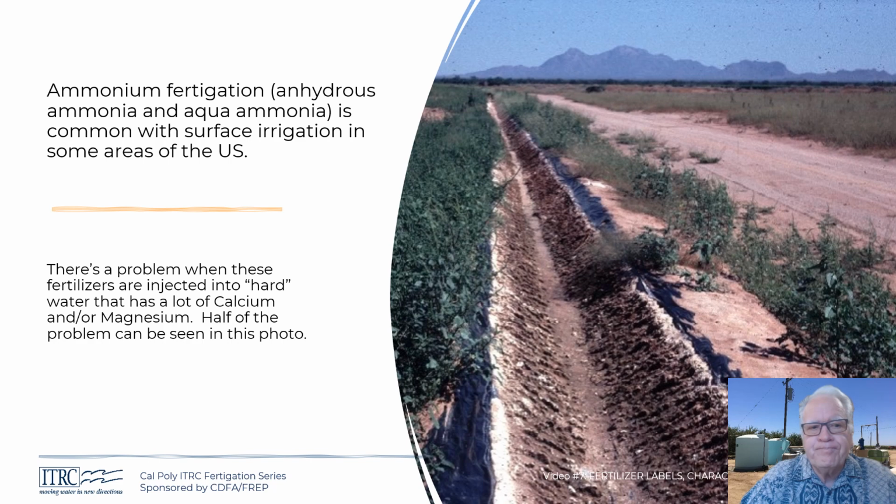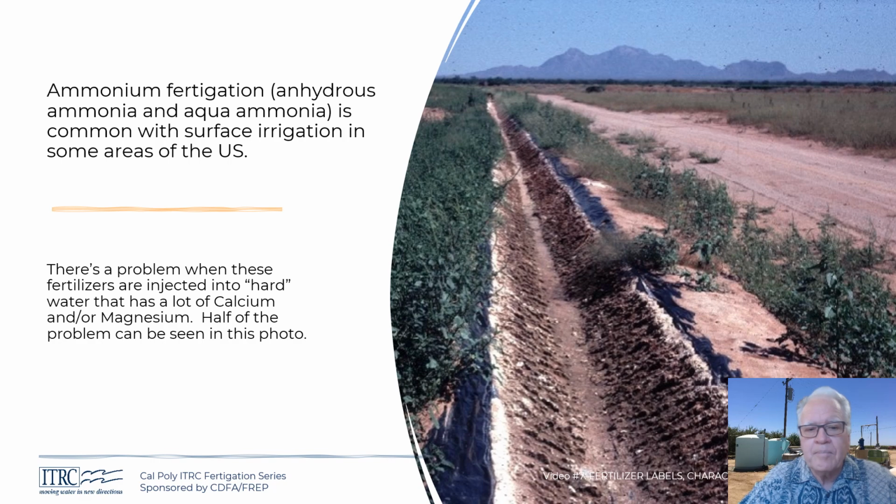And so what in the world are you looking at here? What it is, they have hard water. Hard water is water with a large amount of calcium and magnesium in it. That's just the kind of water they have from wells or from their surface water supplies. So that means a lot of calcium and magnesium.